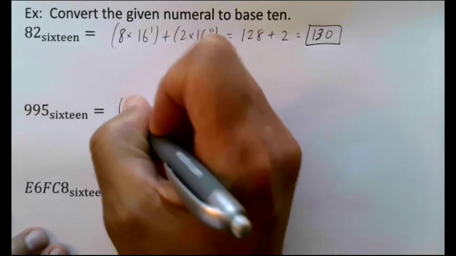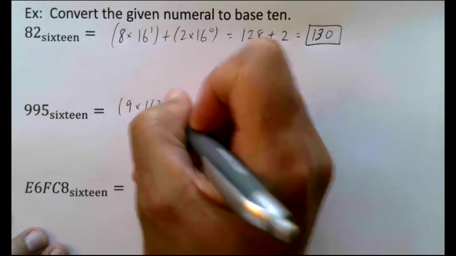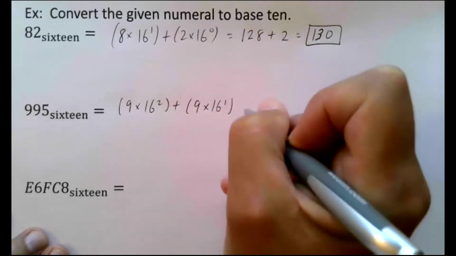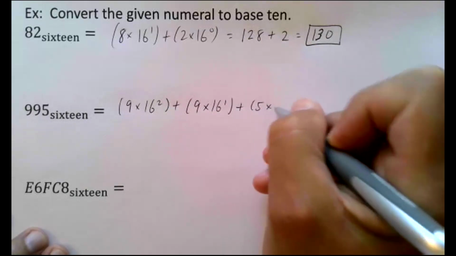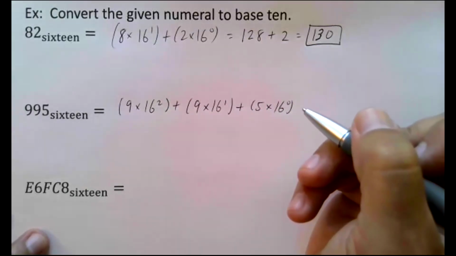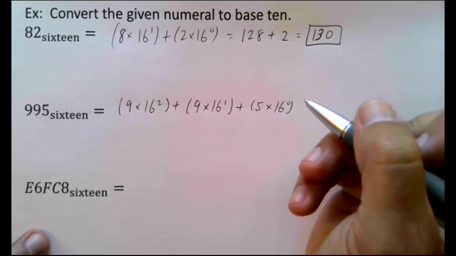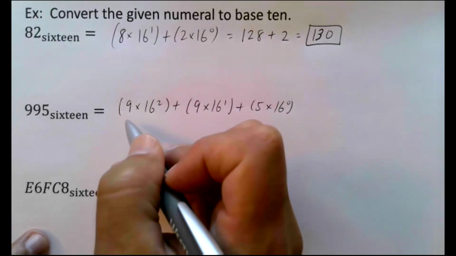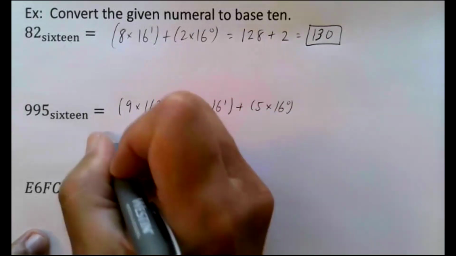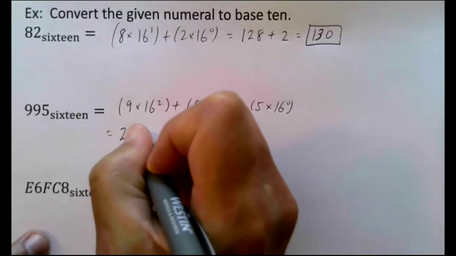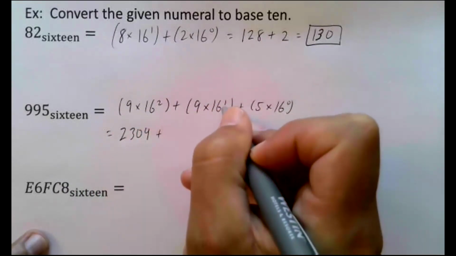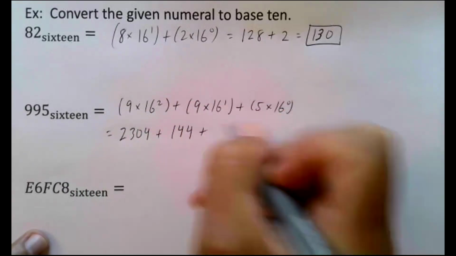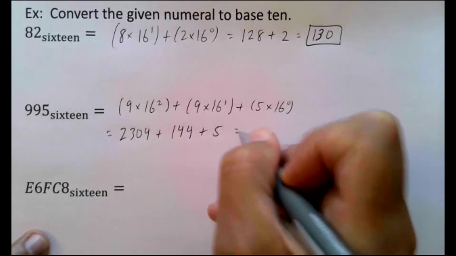995 base 16 means 9 times 16 to the second plus 9 times 16 to the first plus 5 times 16 to the 0. 16 times 16 and then multiply that by 9, you should get 2304. 16 times 9, you should get 144, and then 5 times 1.